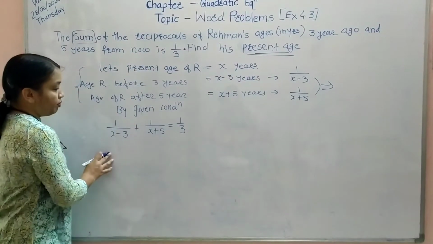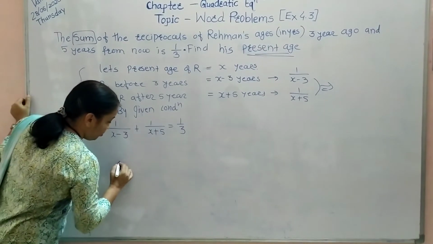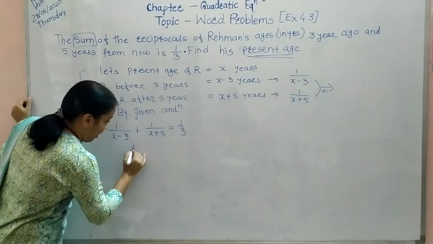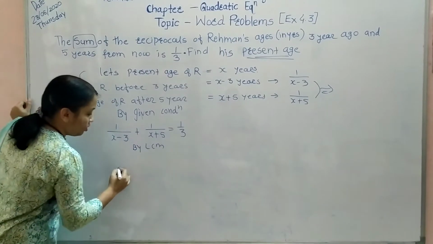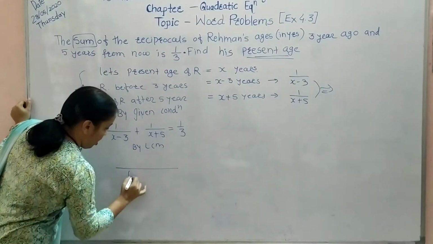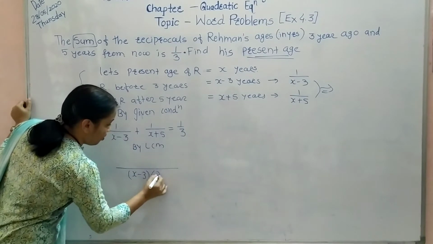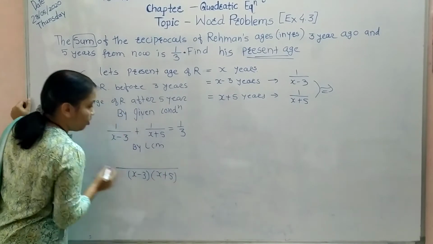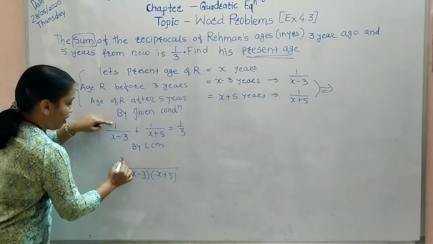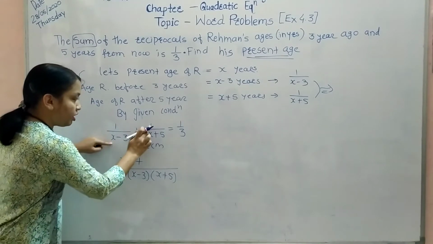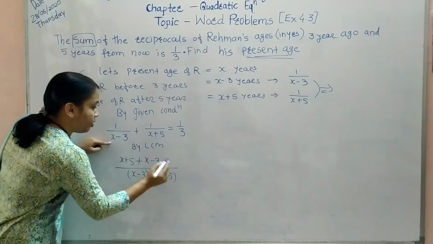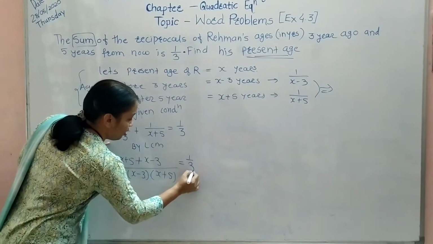Now let us simplify by LCM. The LCM of these 2 is x minus 3 into x plus 5. Multiplying, x plus 5 into 1 plus x minus 3 into 1, that is x minus 3, is equal to 1/3.